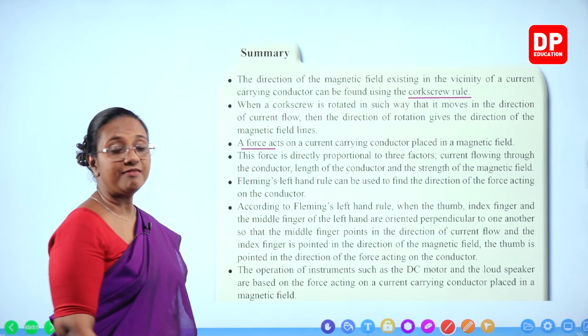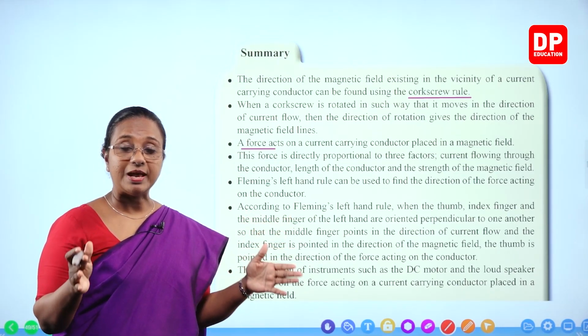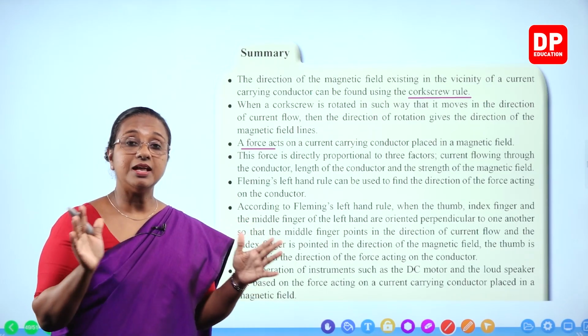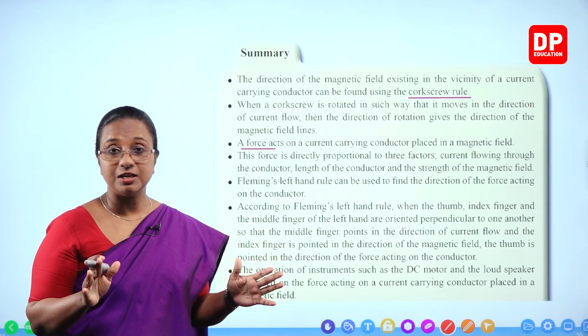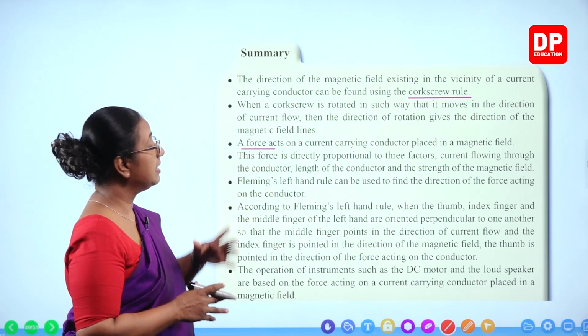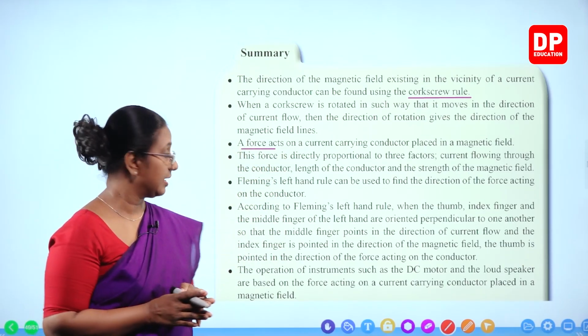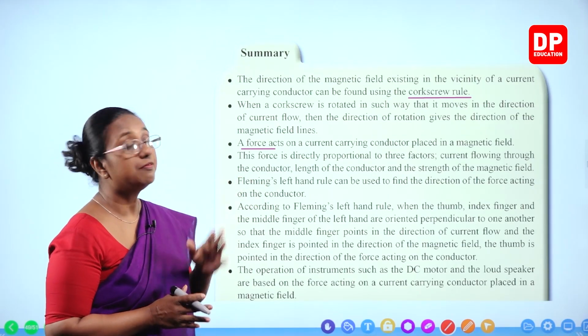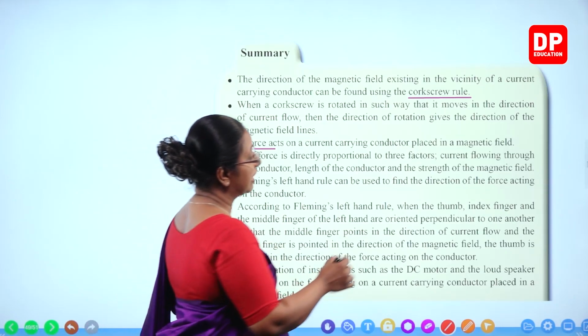That also we have discussed. So you have two magnets, in between you keep the magnetic field. So the current and the magnetic field, they are perpendicular to each other. Perpendicular to both of those, there will be a force acting on the conductor. This force is directly proportional to three factors. You can remember that.